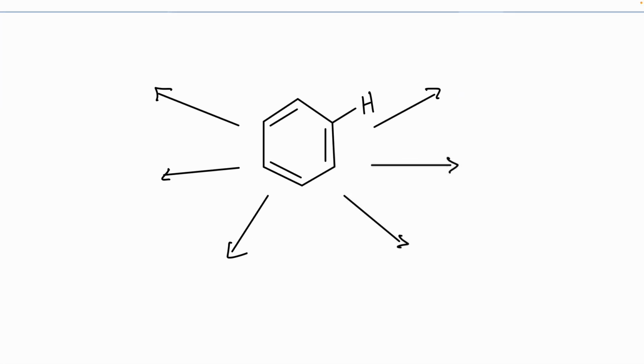All right, so our first reaction here is going to be using bromine. Okay, and what we're going to create is bromobenzene. So we're swapping out a hydrogen for a bromine.